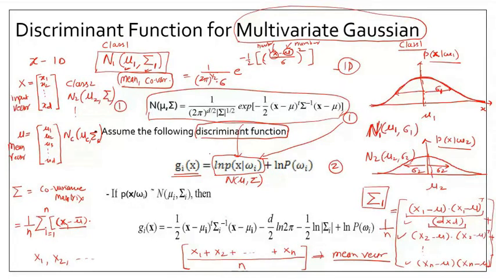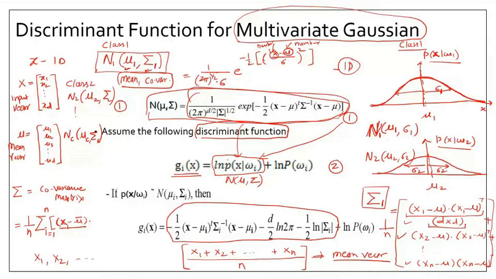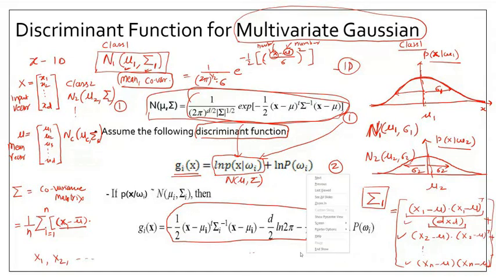Now what will happen? You have to take the log for this particular group. You have to take the log of this, and the simplified version of that I am writing here. So this will be the log of equation number 1. You can check that this is the log of equation number 1. In general, we are writing this for gi(x), where i stands for the ith class.